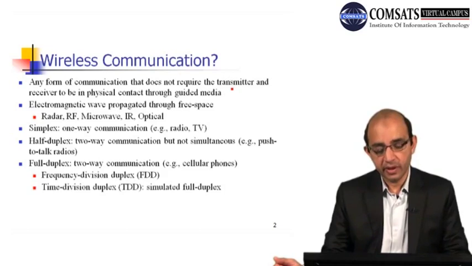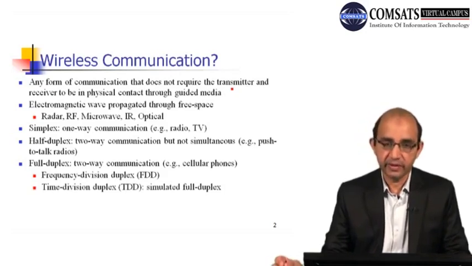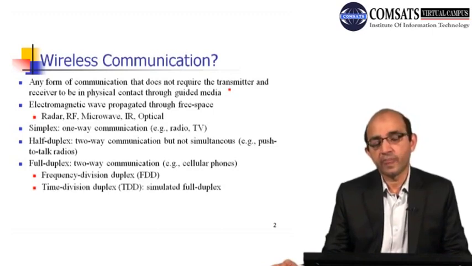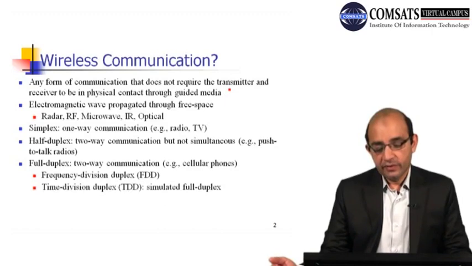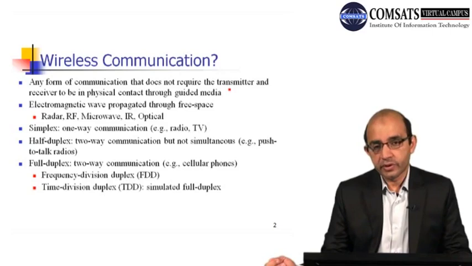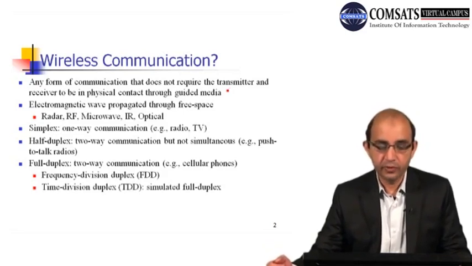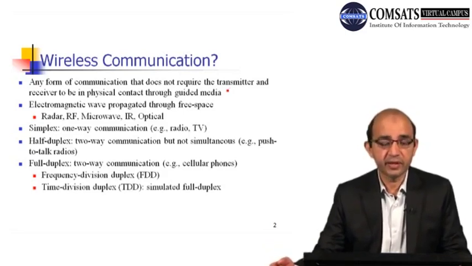And then finally we have full duplex. It's a two-way communication, and both parties, both the end devices, can communicate with each other whenever they want. The example is our cell phone. Whenever we are talking over a cell phone, at some stage we can have full duplex communication, and you can feel it.